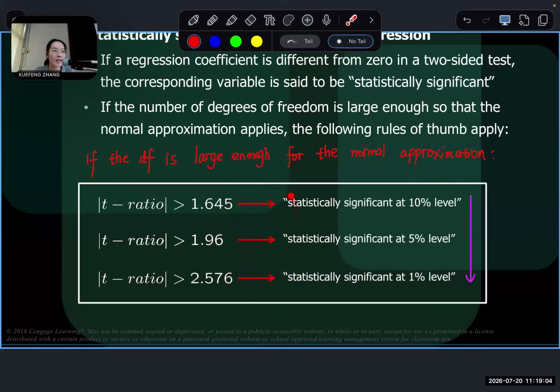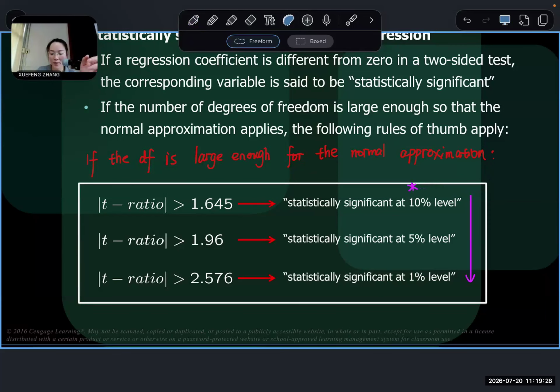Basically, if you read an empirical paper, they don't tell you they use those critical values, but you should know they use this one. And to see that, if it's 10%, we use the star to represent. So 1 star is for 10%.